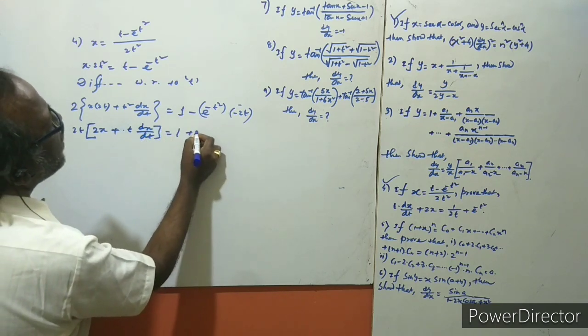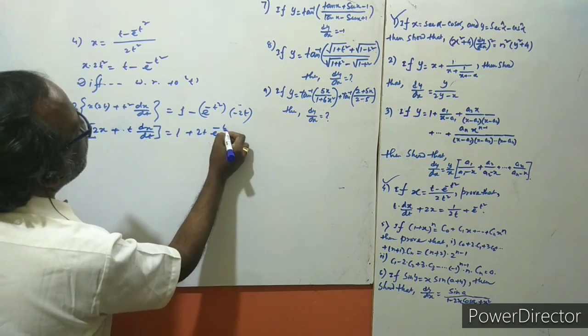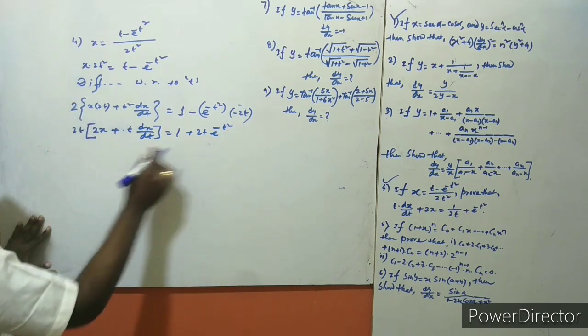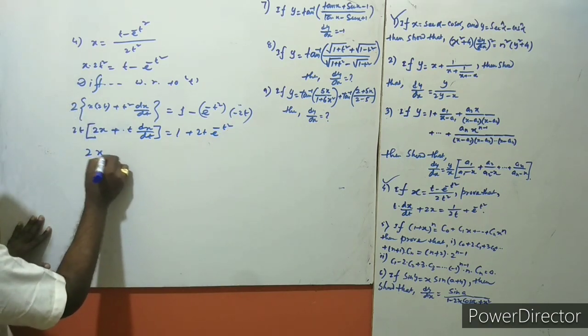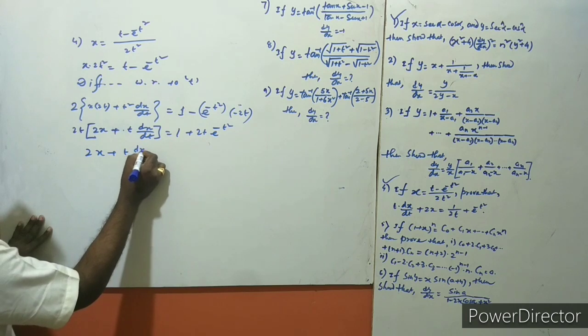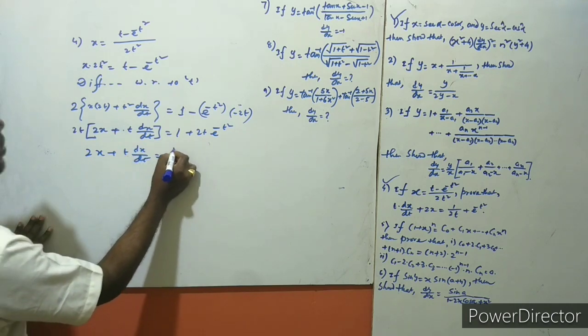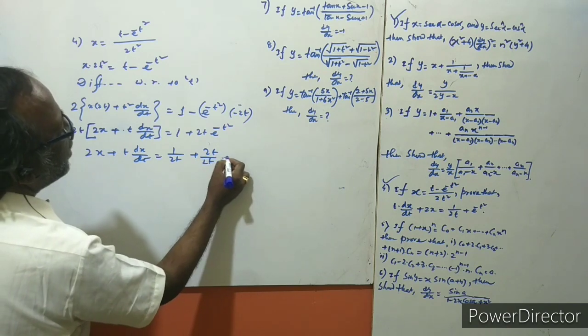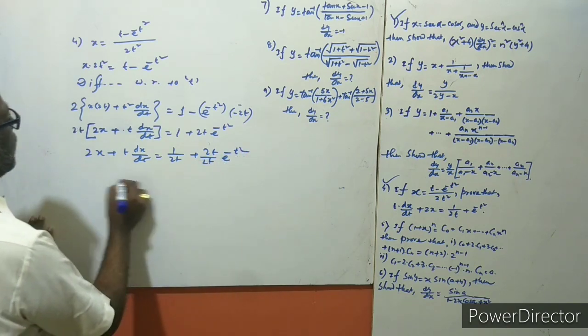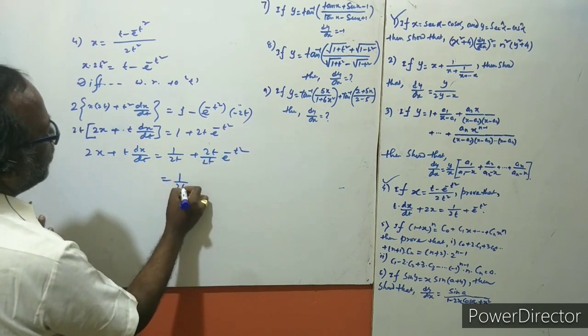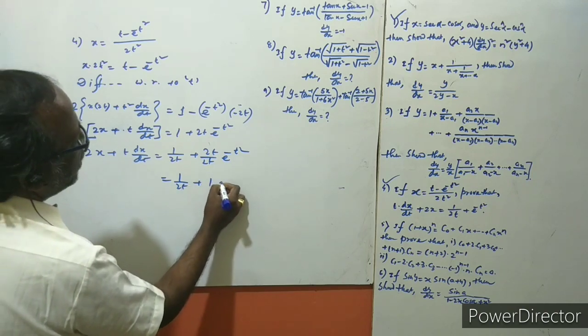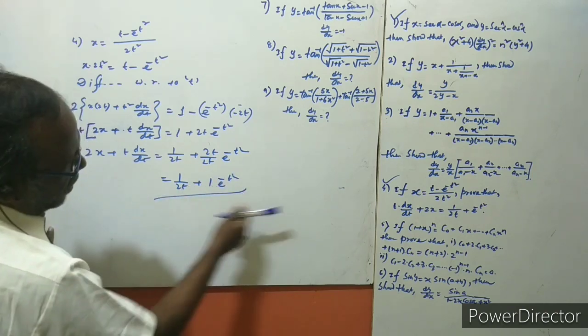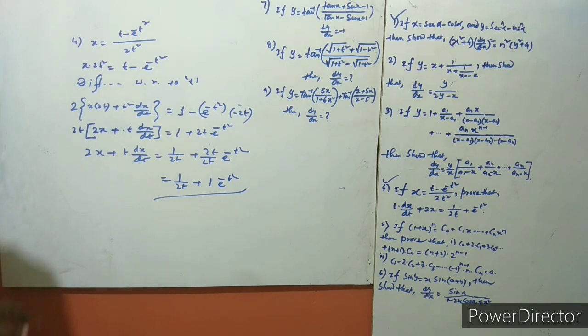This is 1 plus 2t into e to the power minus t square, and divide by 2t, then we get the correct answer. This is 1 by 2t, and this is 2t by 2t, and e to the power minus t square. So this is 1 by 2t, this is 1, and e to the power minus t square. This is your answer C.